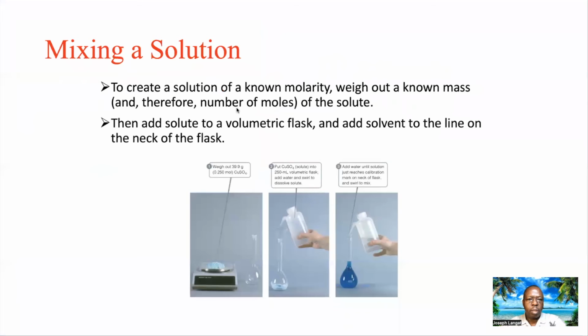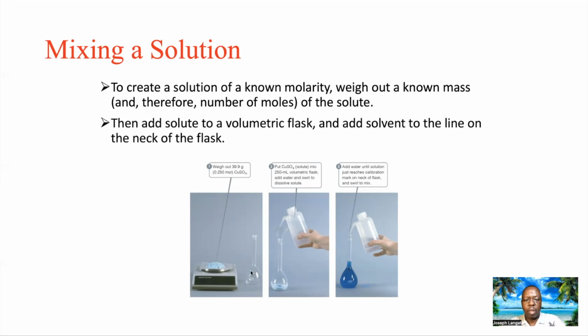What this means is you weigh out, after doing the calculation on the desired molarity and how much you need, and you dissolve it in a volumetric flask. These flasks are more precise. You may recall from the lab that the calibration mark is always given along the neck, and if you fill the solution to that calibration mark, you have the exact volume.